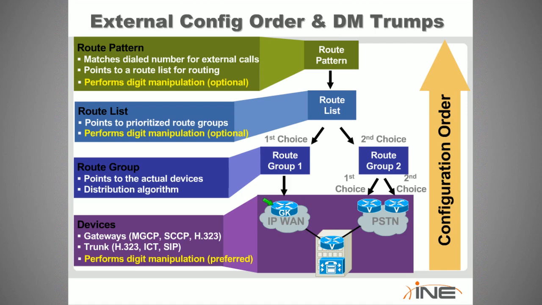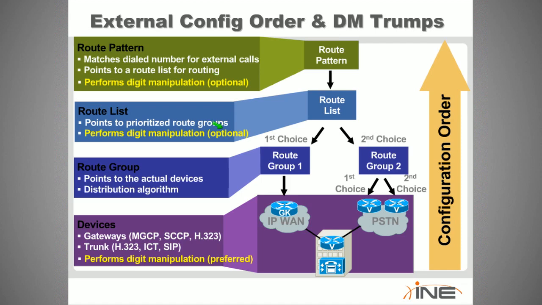Okay, so if it's a trunk, before it goes out to the gatekeeper or goes out to the terminating SIP IOS device, if it's H323, before it leaves and goes out there. If it's MGCP, it's the last place that we can do it. But this is within the device page within CUCM, we have the ability to perform digit manipulation.